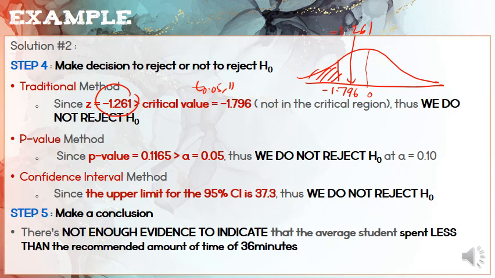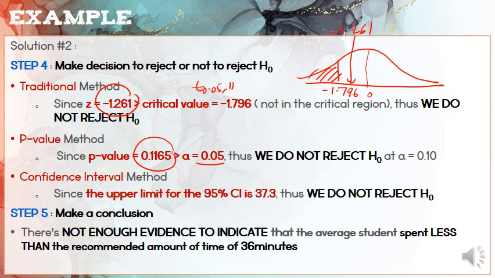If awak pakai p-value, okay, p-value dapat 0.1165, which is greater than alpha 0.05, we do not reject our H null. Kalau pakai confidence interval method juga sama.